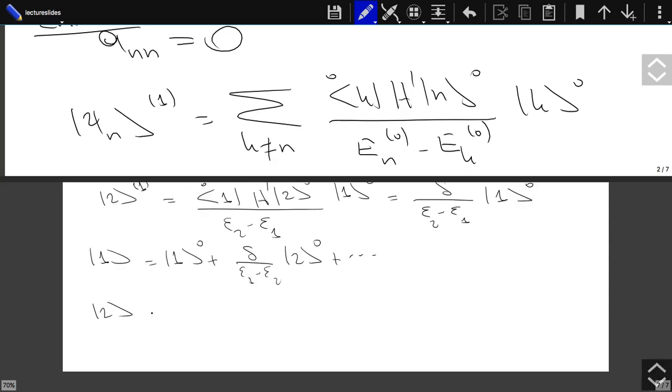And the second state will be 2^(0) minus delta over epsilon 1 minus epsilon 2 times 1^(0), plus the higher order corrections.